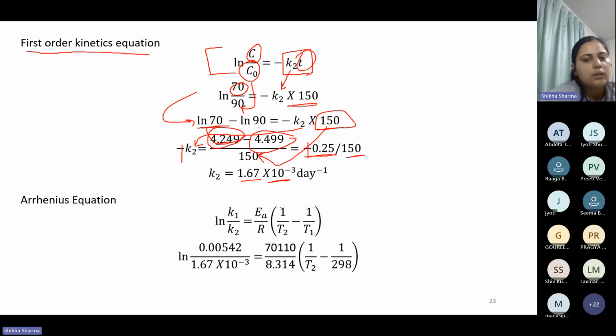Now, since we need to calculate temperature, we need to apply the Arrhenius equation here. We know the Arrhenius equation: ln K1 by K2 equals EA by R into 1 upon T2 minus 1 upon T1.